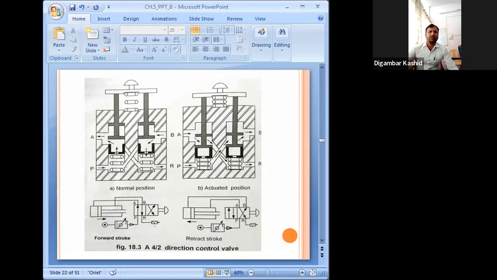And when this 4/2 direction control is used to actuate a single acting or double acting cylinder, how it is used at normal position, how it is seen, here I have shown. It's the actuation position.